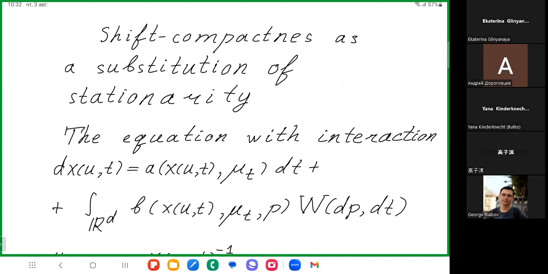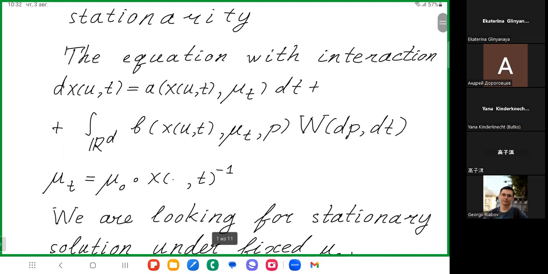And also we will see a new notion of shift compactness, which can substitute stationarity for a solution to an equation with interaction.